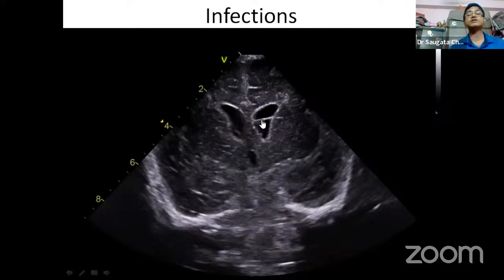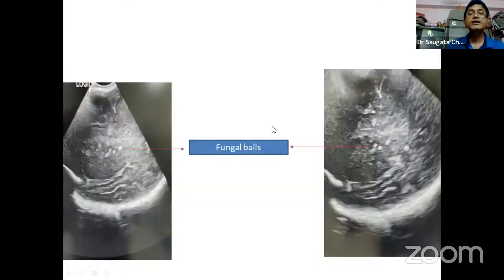In bacterial infection, if you see pus and strands, with thick pus, when we did the lumbar puncture thick pus was coming. This is a ventriculitis. Another is fungal balls. These are fungal balls.